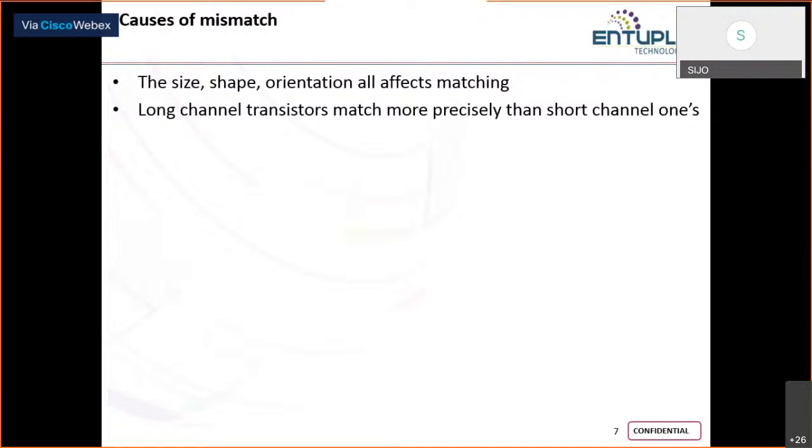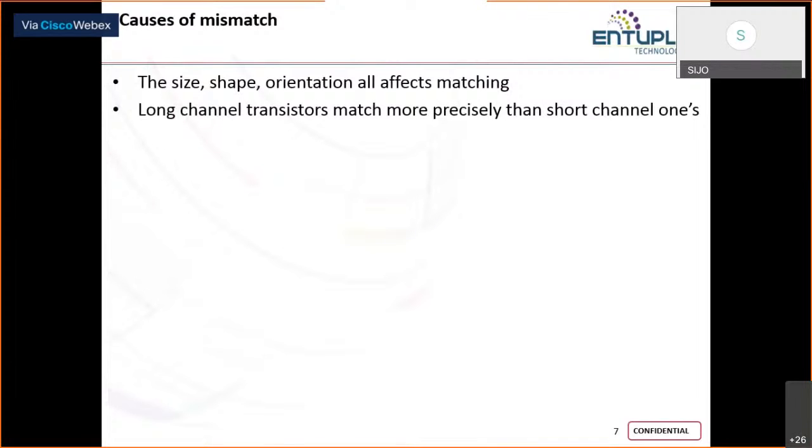Now, while doing the layout, as a layout designer, these things are in our hands. Whatever I told in the last few slides comes from the manufacturing process. When it comes to the layout, these are the things a layout engineer can contribute so that the overall matching of my layout remains better. We can see the size of the MOSFET.